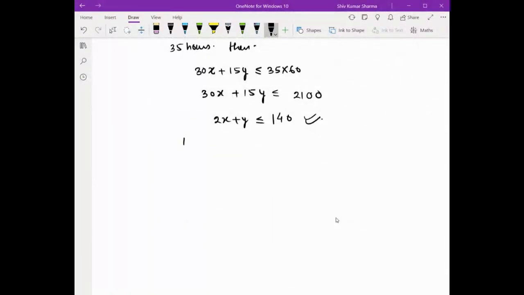So the constraint on availability: 2x and second having 3y, and total availability is 180.